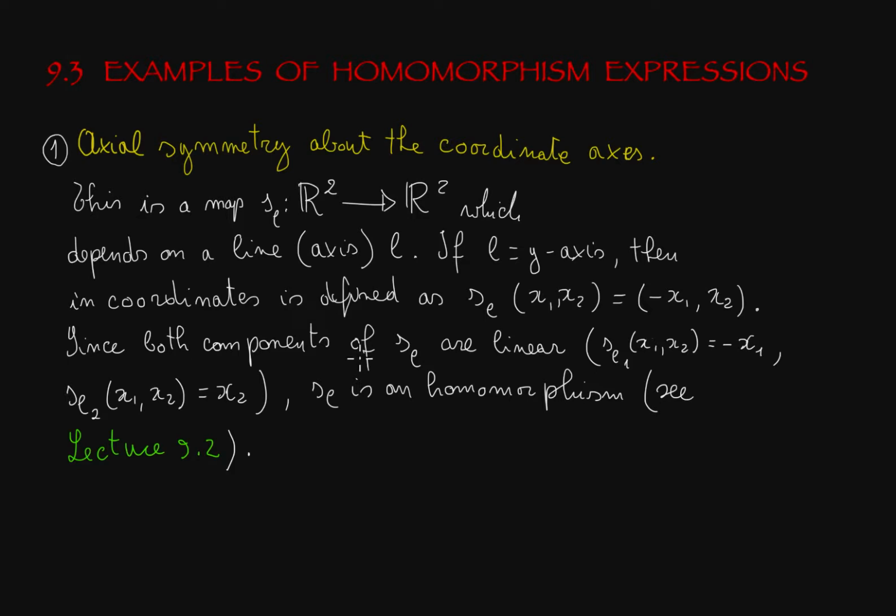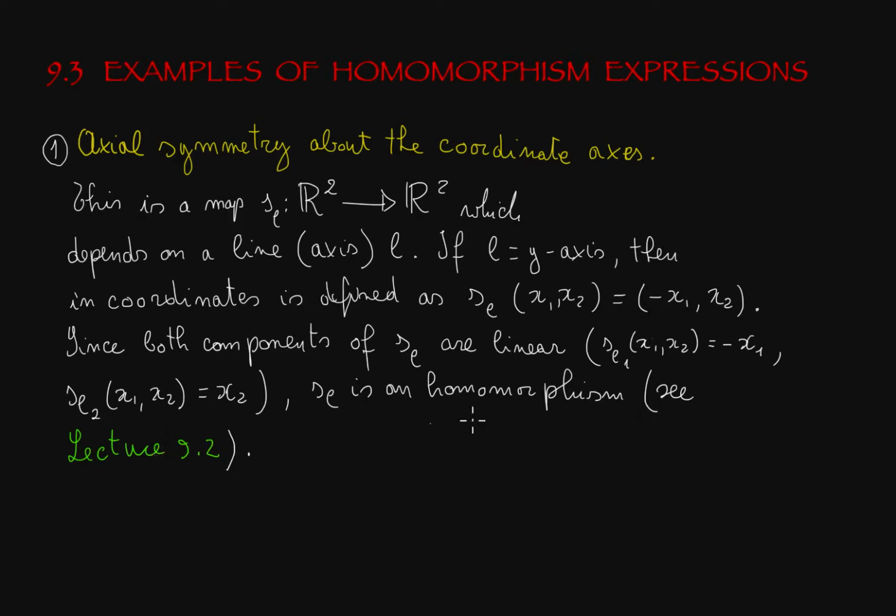Now, since both components of SL are linear, the first component takes the pair x1, x2 and returns negative x1, so it just operates linearly on the coefficients, and the second component is just a projection on the second component of x1, x2. By what we said in the previous lecture, we know that this fact implies that SL is a homomorphism.